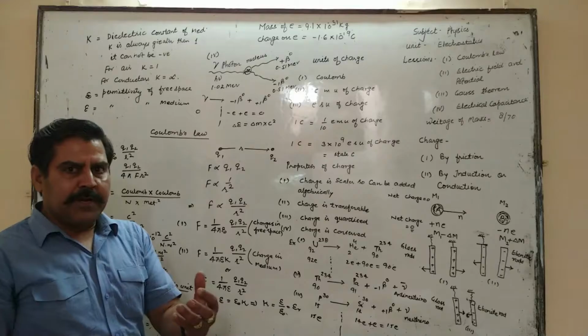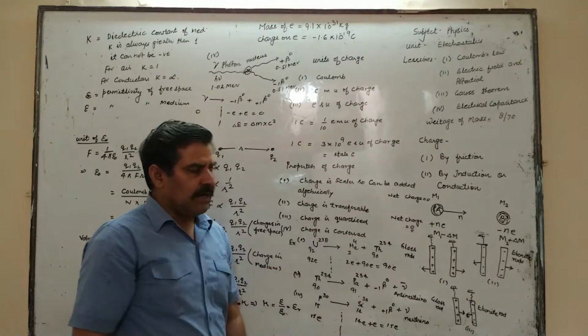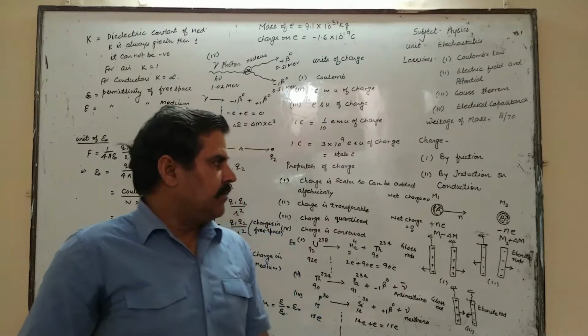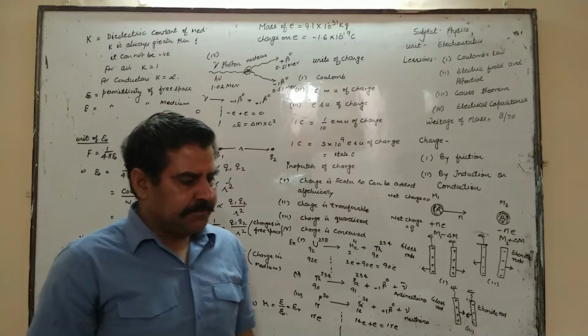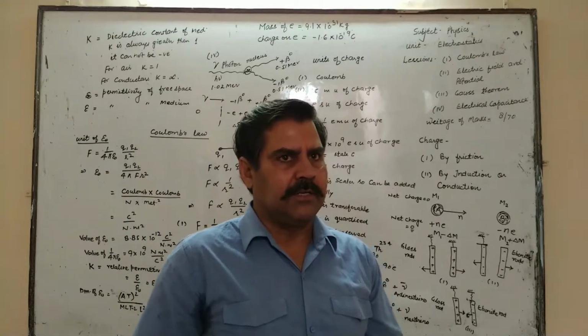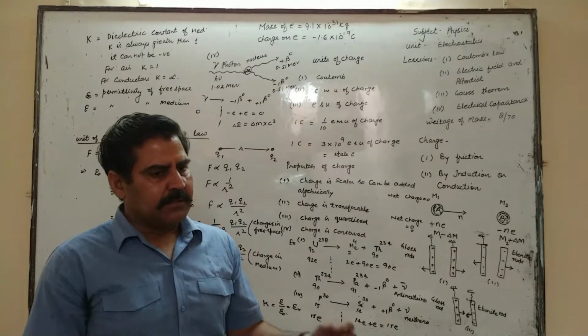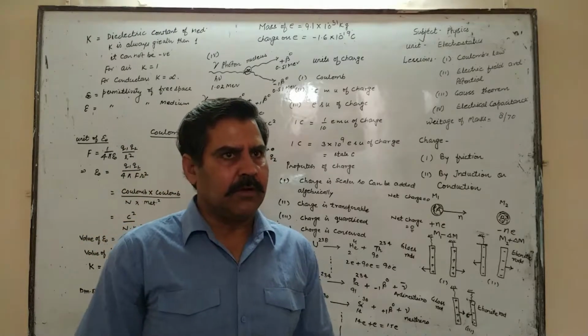There are a few properties of charge. The properties are: charge is scalar, so it can be added algebraically. If we have two charges, plus 10 microcoulomb and plus 5 microcoulomb, then the total charge is 15 microcoulomb.